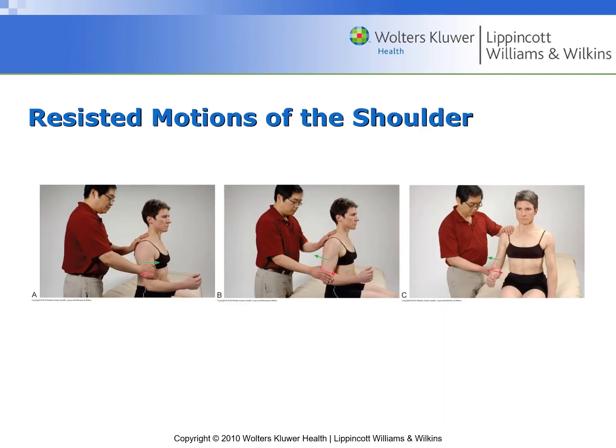Now let's take a look at resisted motions of the shoulder. In diagram A, we have resisted shoulder flexion. In diagram B, we have resisted shoulder extension. In diagram C, we have resisted shoulder abduction.